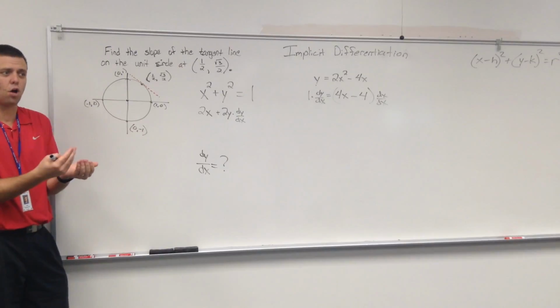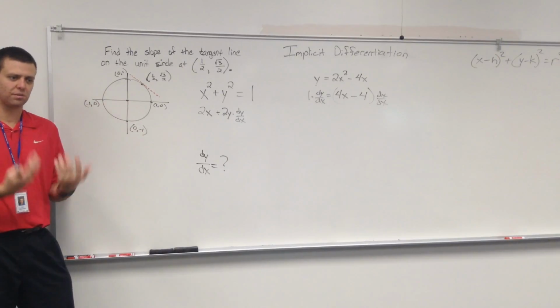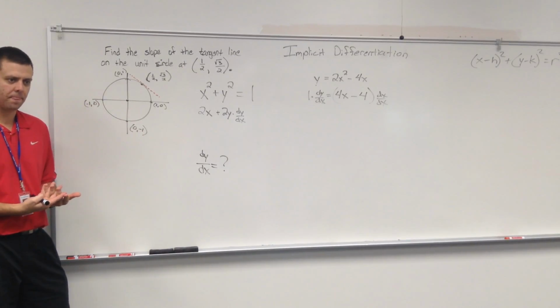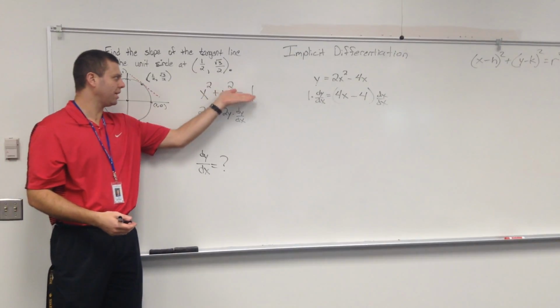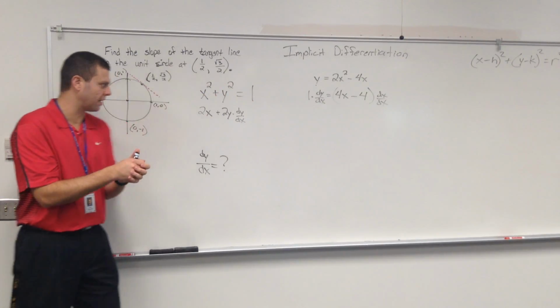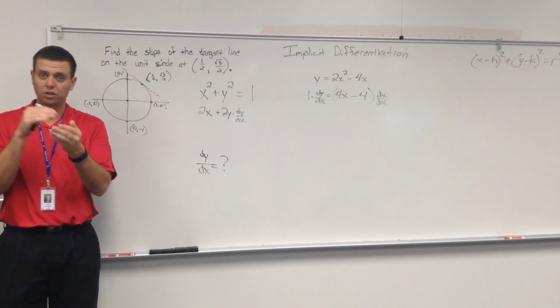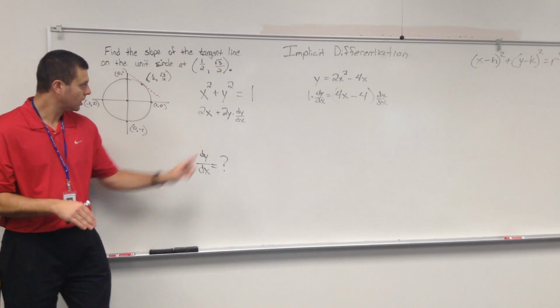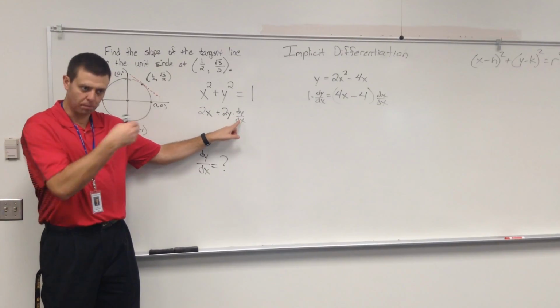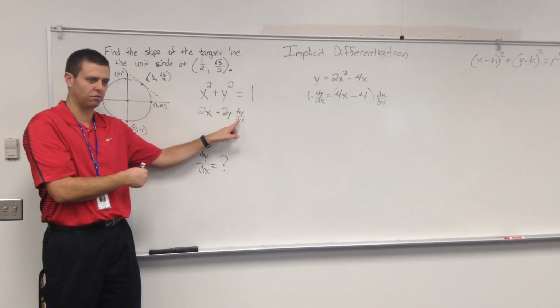So you were really always doing implicit differentiation without even knowing it. The thing is, now our equations are going to have x's and y's put together. Anytime you do the derivative of a variable with respect to a different one, add this in there. Just multiply it by the derivative that you found.